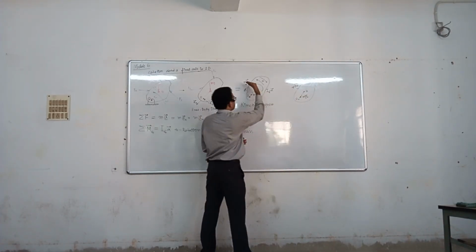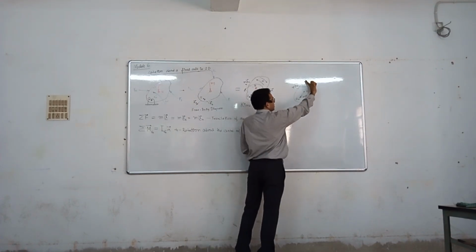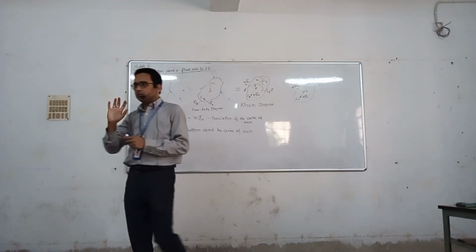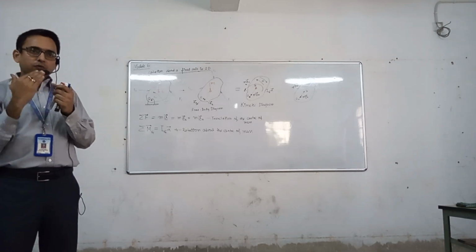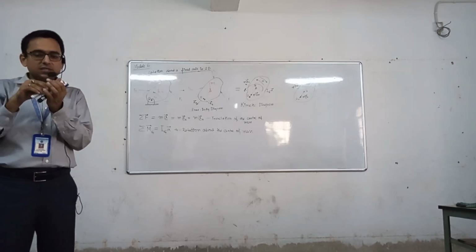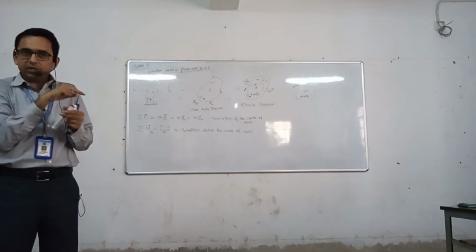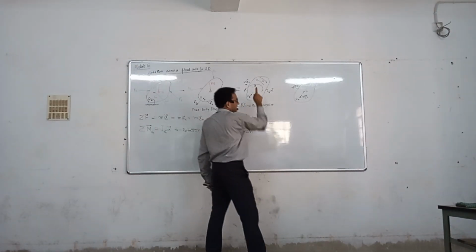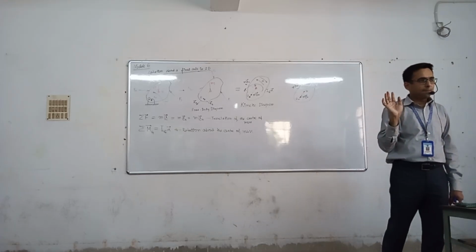So initially the force was here, along with that there was a couple. Now since I have shifted the force here, there is no more couple. The moment is no more there. It has been absorbed by the effect of the force which is shifted, and therefore since the force has been shifted at a larger distance, the extra couple will be nullifying the couple that was already there. Is it clear?